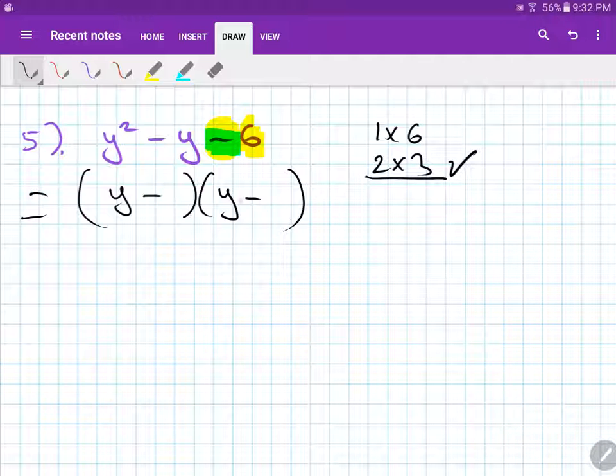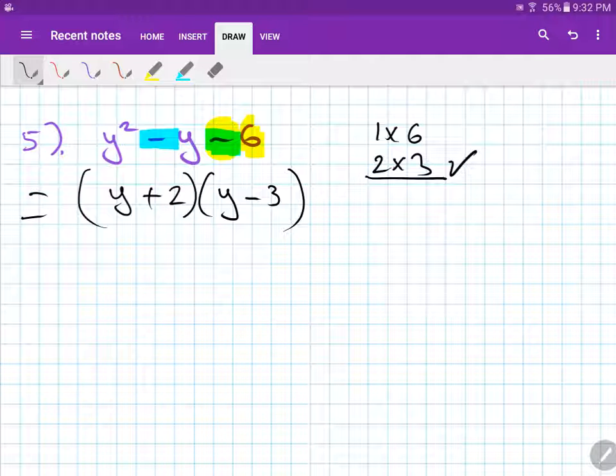Because of this negative, we pick the bigger number on the negative side.